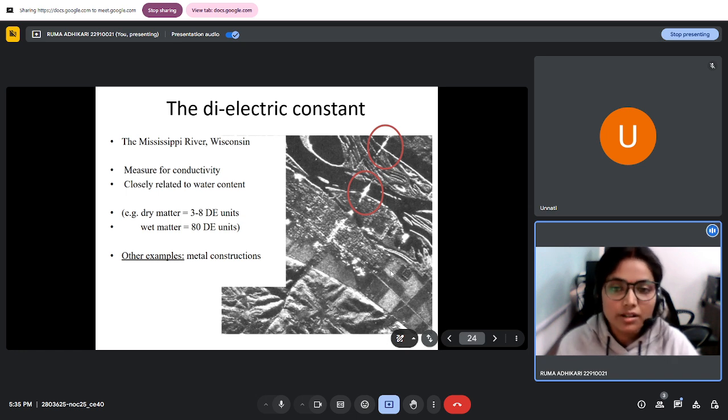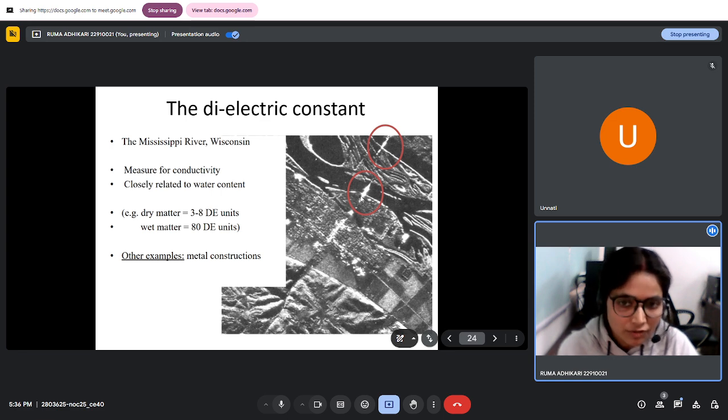But water does not appear brighter, it appears darker. Why? If anyone wants to answer that, because it is one of the most important questions in SAR study, you can.